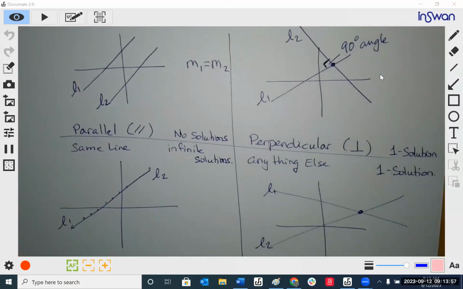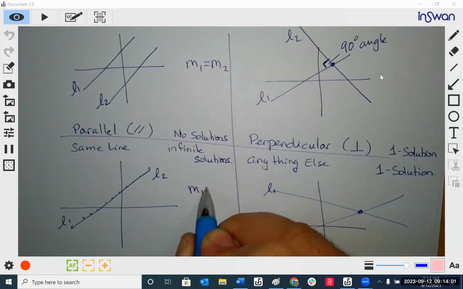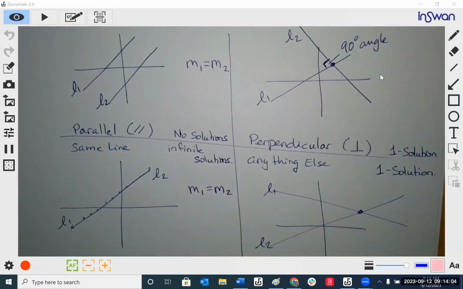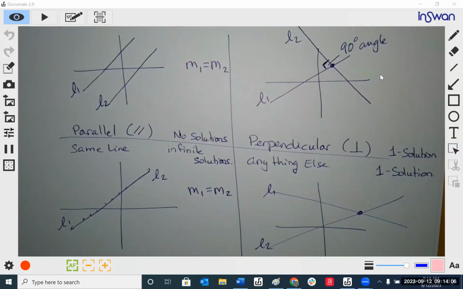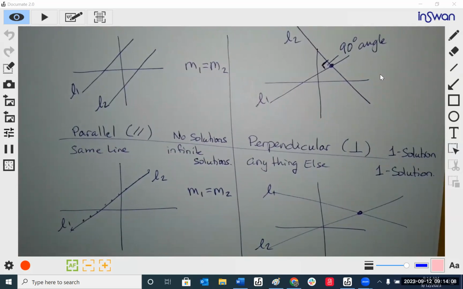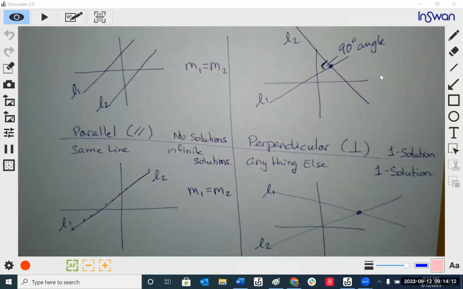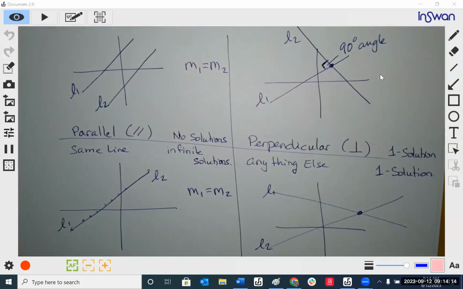What are their slopes? So we can't use slope necessarily. We know if the slopes are the same, they're either parallel or the same line. What differentiates the two?